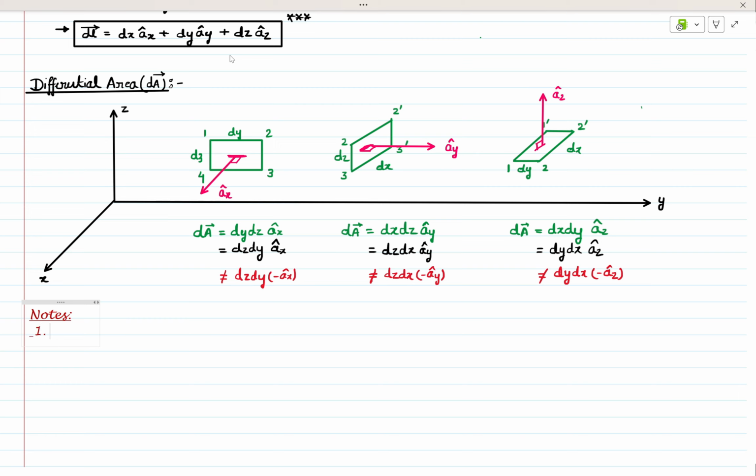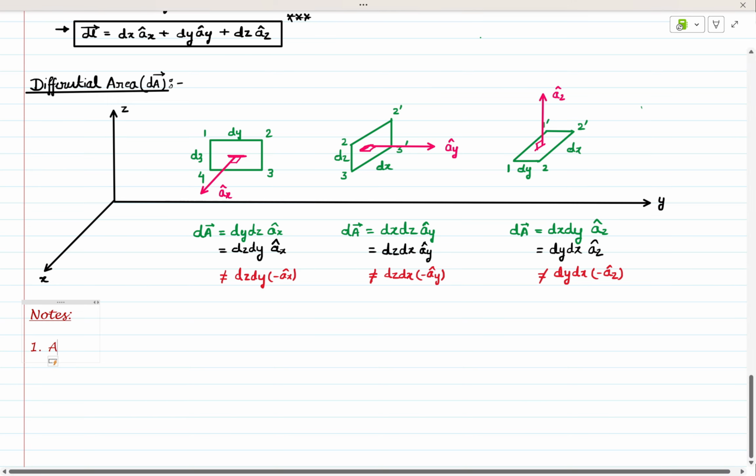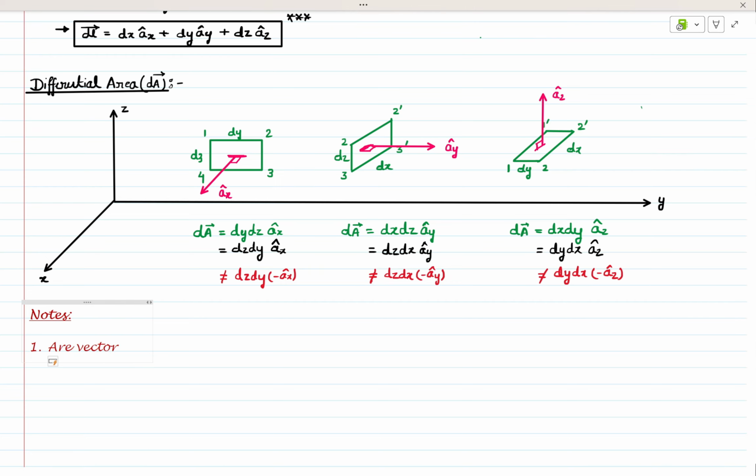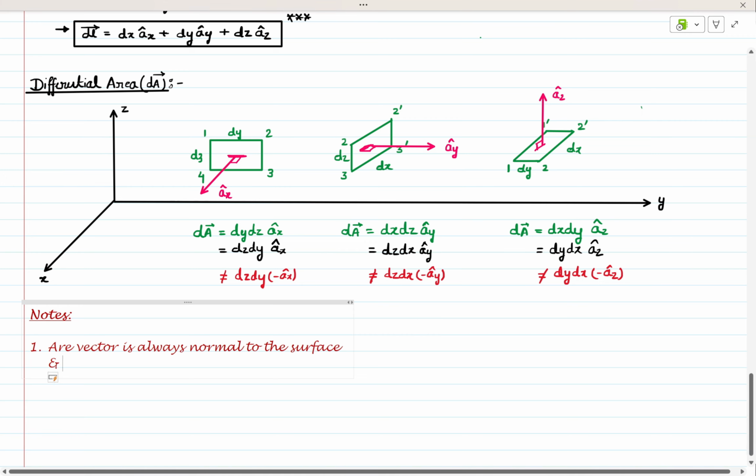The area vector is always normal to the surface and taken away from it.